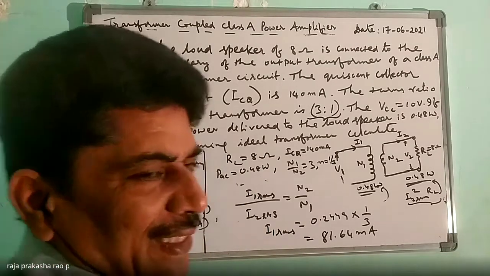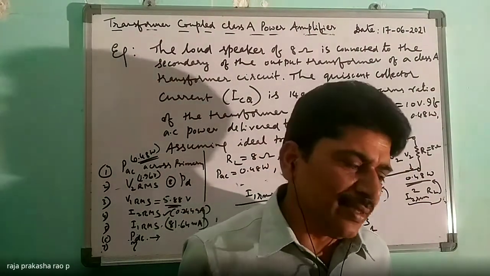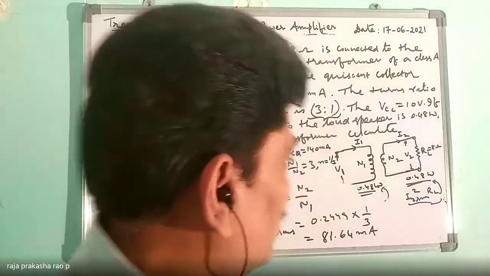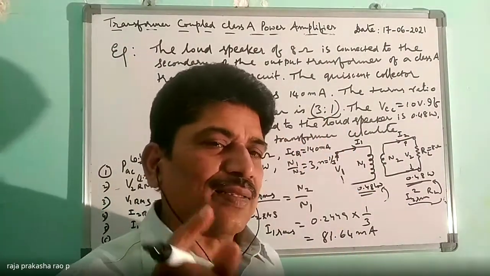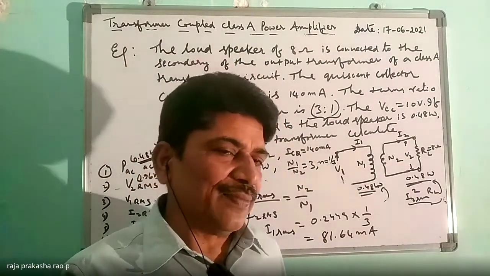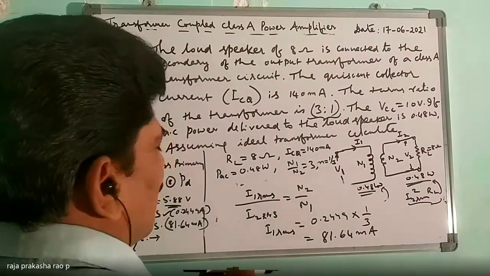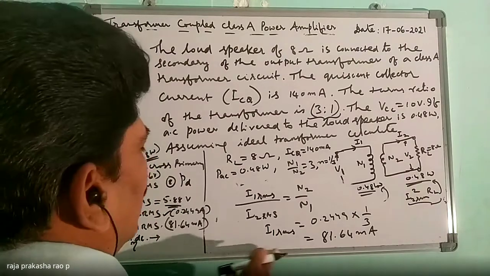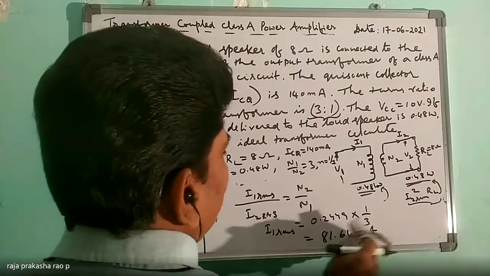So what is PDC? Can you tell me what PDC is? PDC is the input power. What is that? VCC into ICQ. I have just shown the circuit by arrow mark in the last class: VCC into the current flowing, that will be ICQ. Let us find out PDC now.